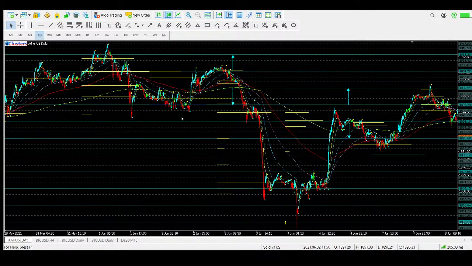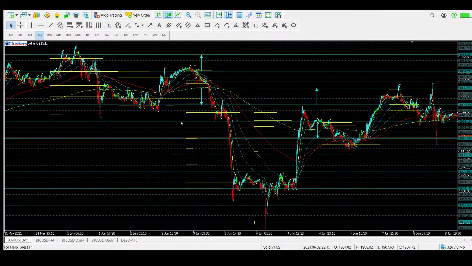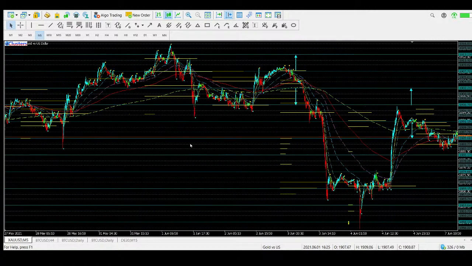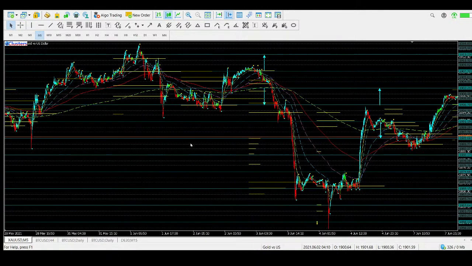And this is the 5-minute chart. Additional stuff that I added on to this is the volume profile, which highlights where all those major trades took place.